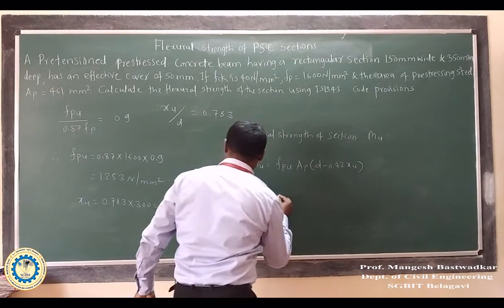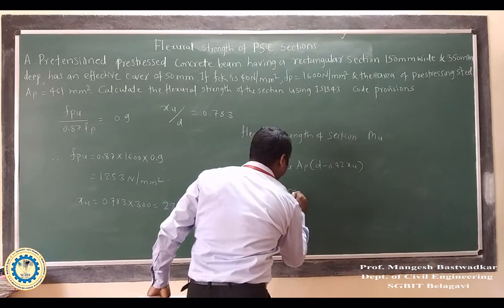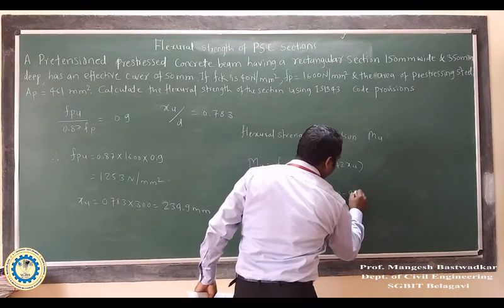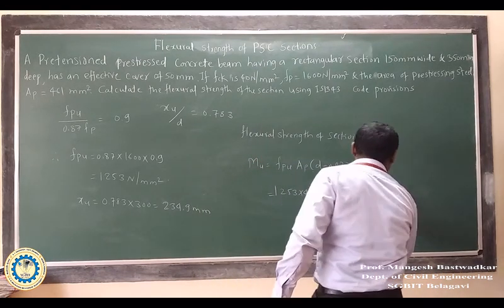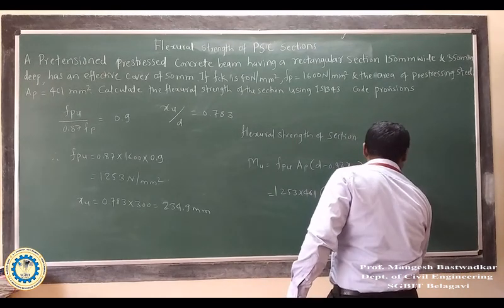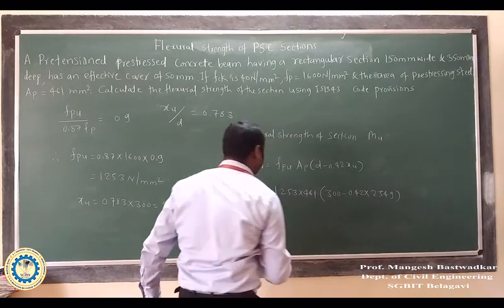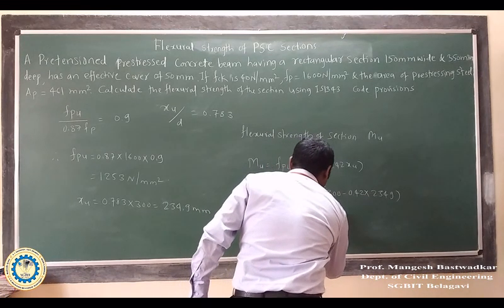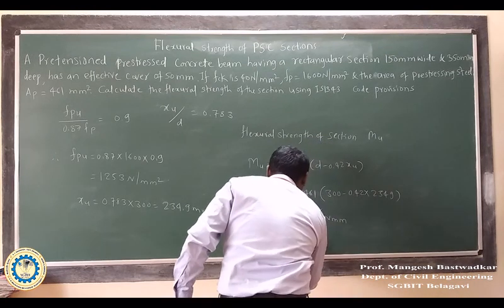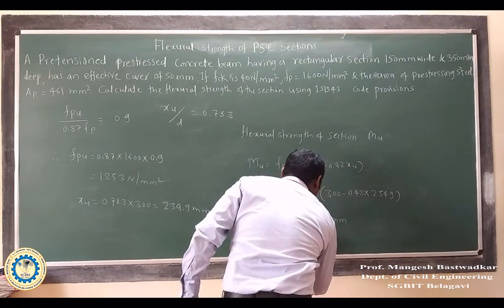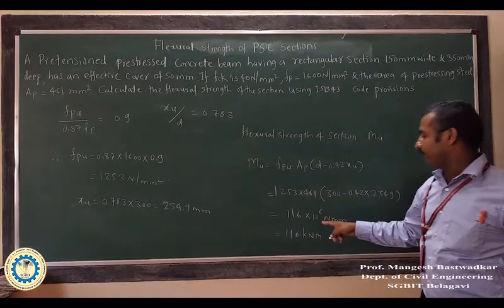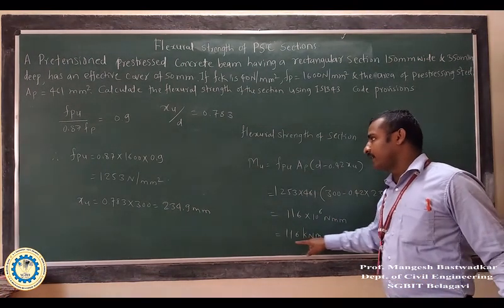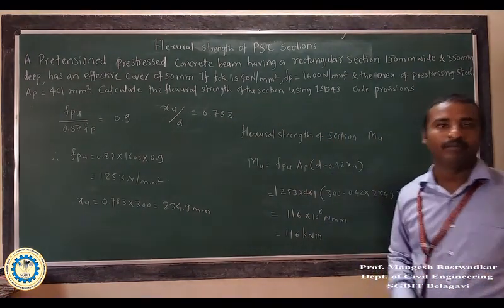So I will substitute those values: 1253, AP is 461, then D is 300 minus 0.42 into XU, which is 234.9. So we'll get this value, 116 into 10 raised to 6 Newton mm, or 116 kilonewton meter. If you divide this by 10 raised to 6, then it gives kilonewton meter. So this is the final answer of this problem.